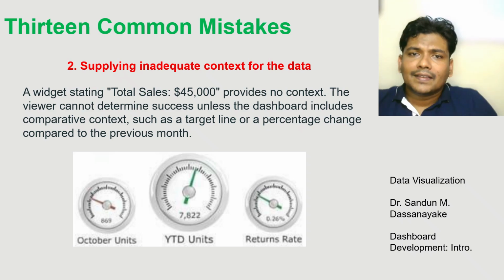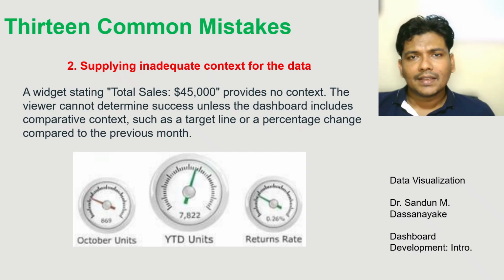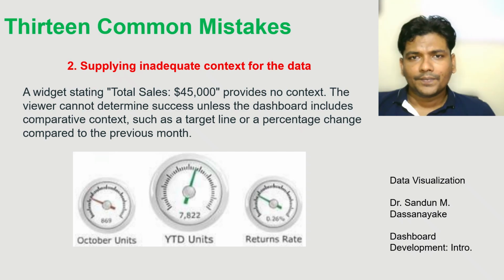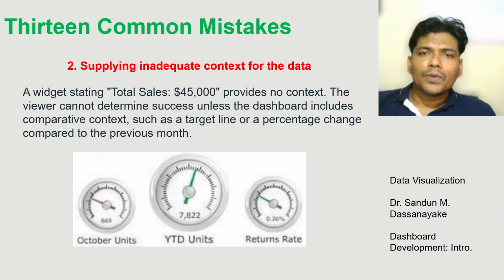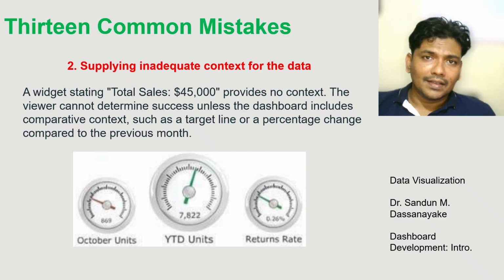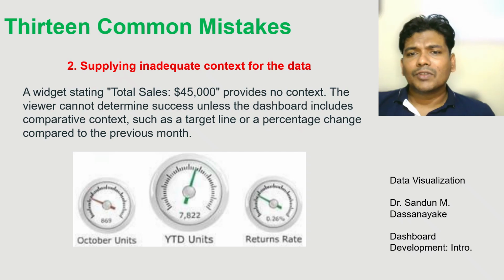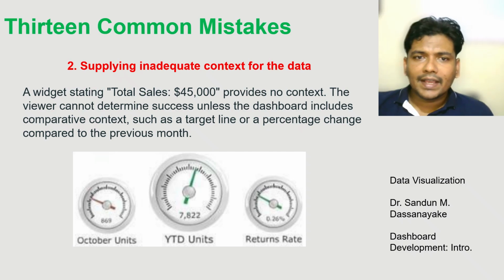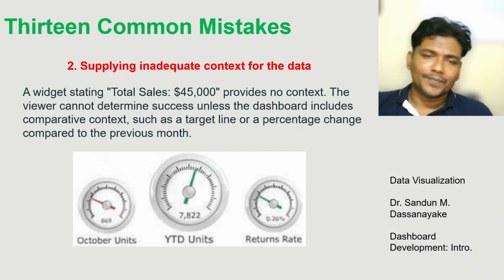Now let's look at the second mistake: supplying inadequate context for the data. Presenting raw numbers without benchmarks, historical comparisons, or targets prevents viewers from assessing whether a value is positive, negative, or typical.